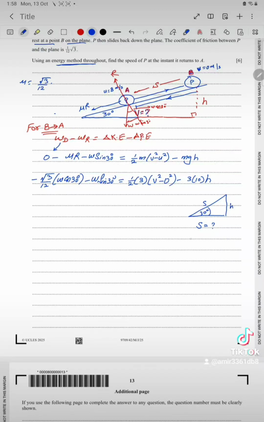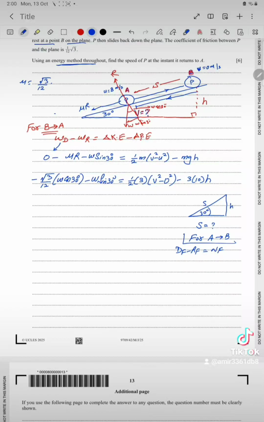So for the motion A till B, we know the driven force minus the resistive force is your net force. For A to B, as there is no driven force applied, the driven force minus resistive force equals net force.